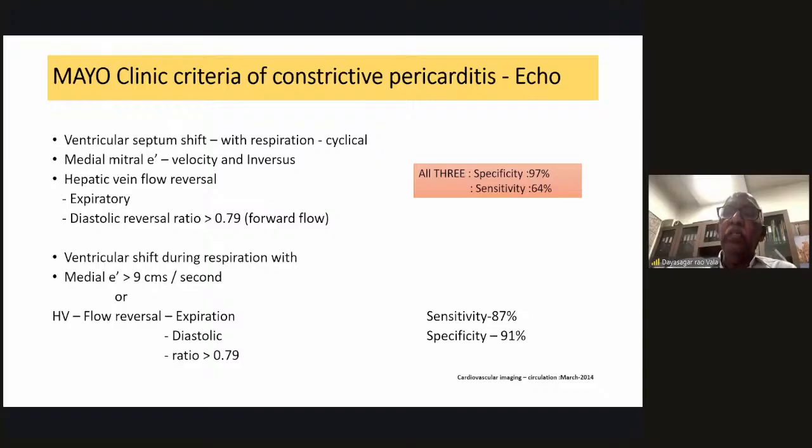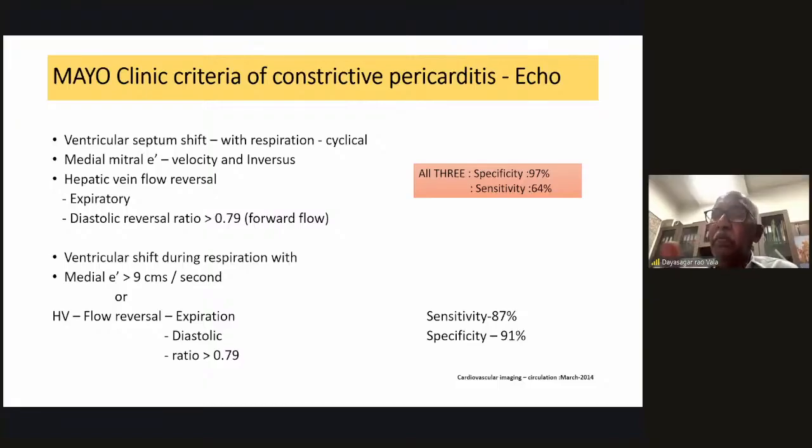So this is about the Mayo Clinic criteria of constrictive pericarditis by echocardiography. What they have shared is there's a ventricular shift with respiration, a cyclical shift. During inspiration, it moves towards the left side. During expiration, it moves to the right side.